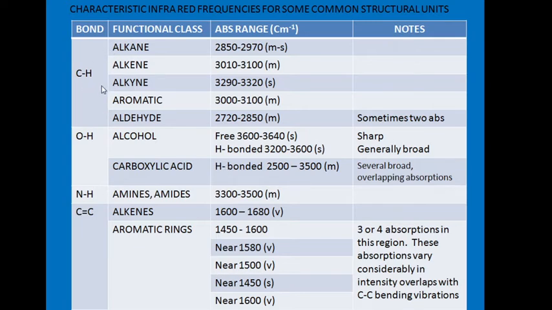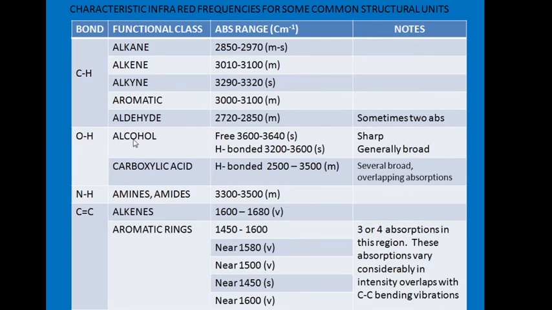When you have a CH bond, you have an alkane, alkene, alkyne, and we have aromatic CH, and aldehyde with the CH group. These are the various regions wherein you are going to find the IR absorptions of these particular groups. You are supposed to learn this nicely, so you will know where that particular absorption takes place.